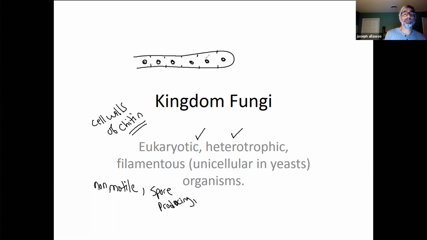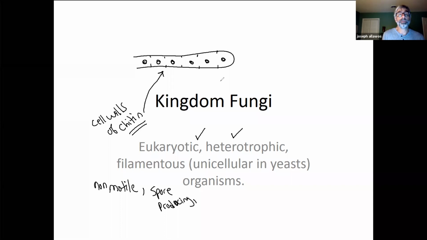They're aseptate. In other words, there's not a cross wall separating one nucleus from the next, which is just very strange. I mean, how does this nucleus know what territory it controls? I don't know how to answer that. Okay. But this cell wall material is chitin.